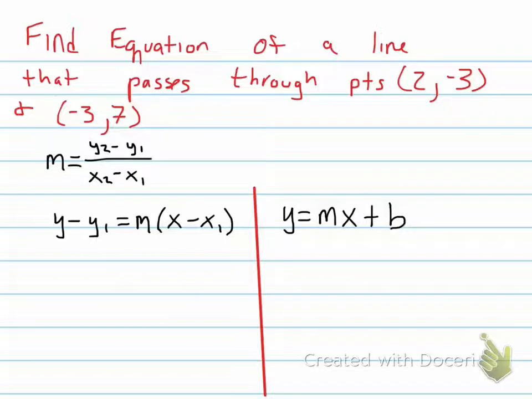Let's look at this. Find the equation of a line that passes through points (2, -3) and (-3, 7). So let's label our points, x1, y1, x2, y2.